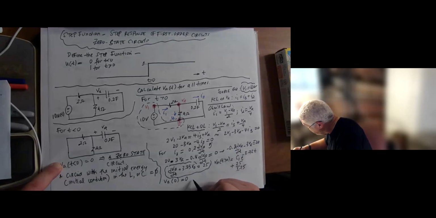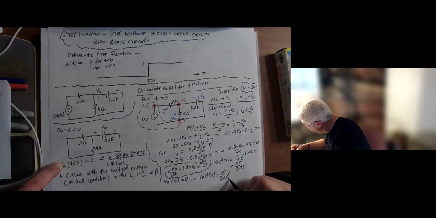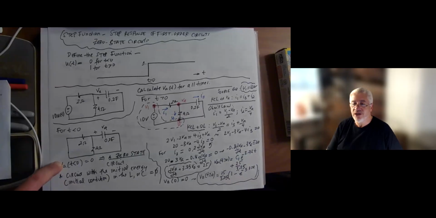So the full equation gives us what? VA for t greater than or equal to 0 is 25 over 3.75 times 1 minus e to the minus 3.75t.